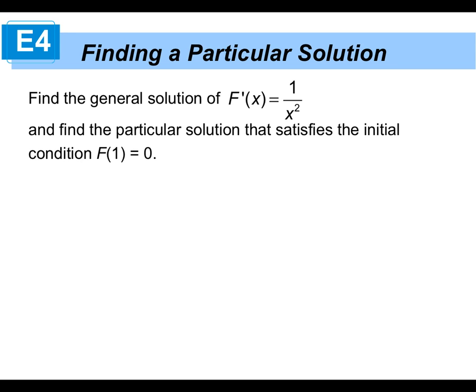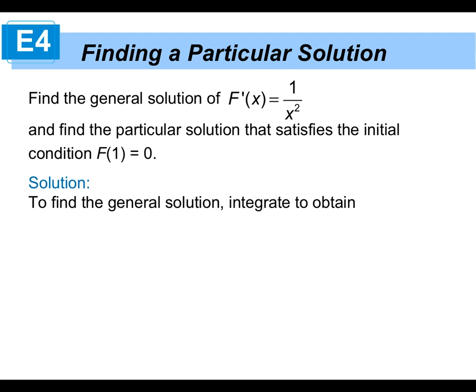And what's the number out in front of it? Molly, what's the number out front? Negative 1. Okay. So write it as x to the negative 2, raise it by 1, so that's negative 1, and then multiply by the reciprocal of negative 1. So 1 over negative 1 would still be negative 1. And we get this.